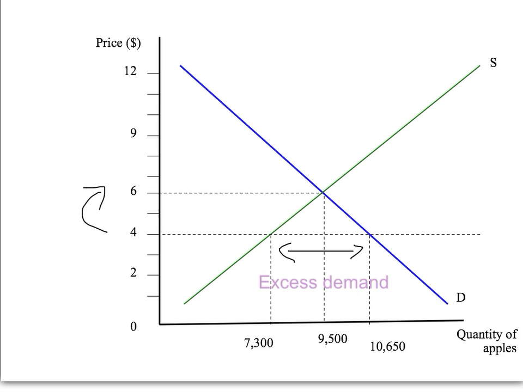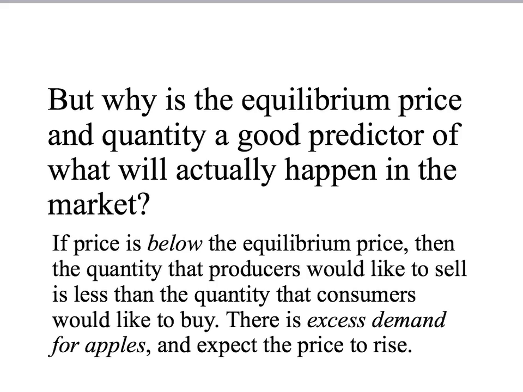And in fact, that holds for any price below the equilibrium price. At any price below the equilibrium price, there will be excess demand, and we expect the price to start to rise. So if the price is below the equilibrium price, then the quantity that producers would like to sell is less than the quantity that consumers would like to buy.